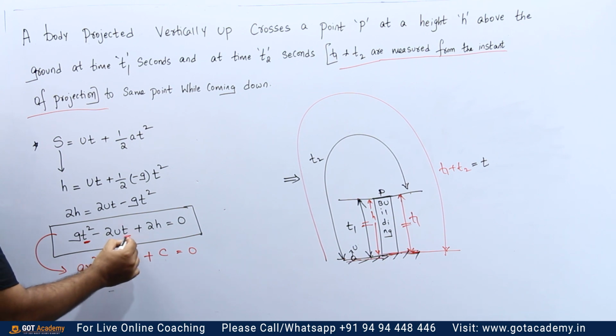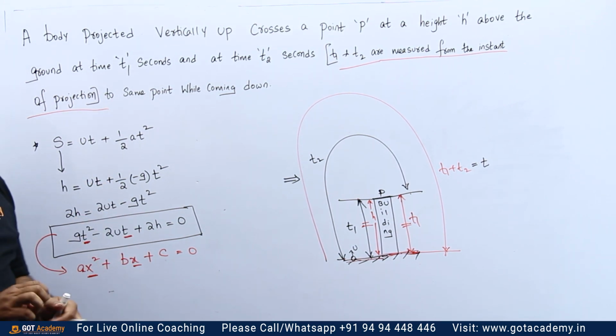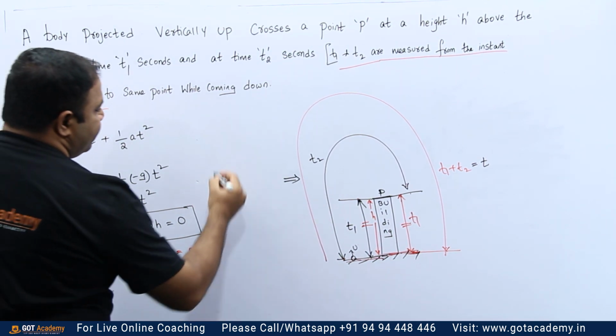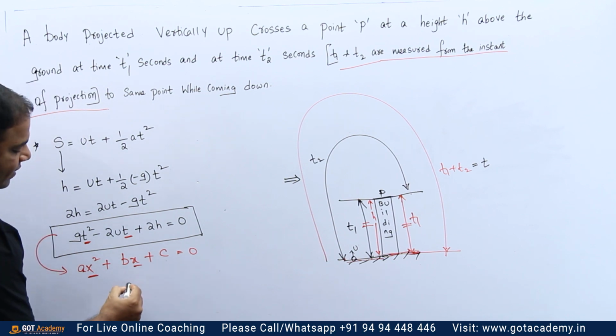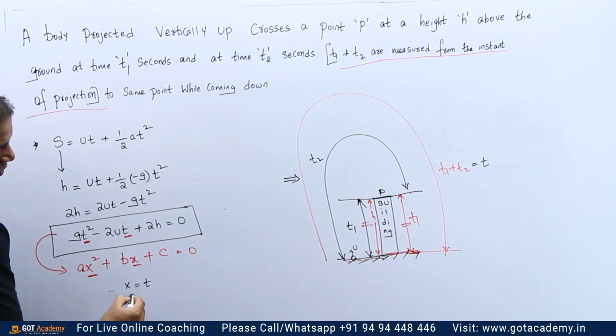In place of t, there is x. So it is clear that x is equal to t, whereas x square is equal to t square.